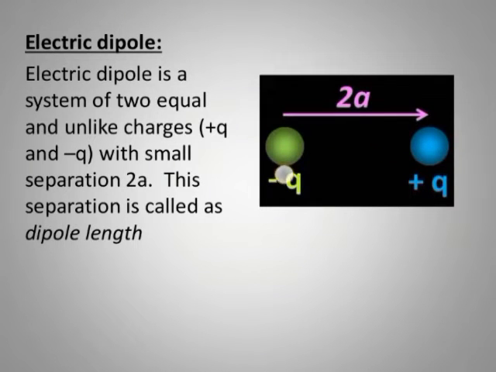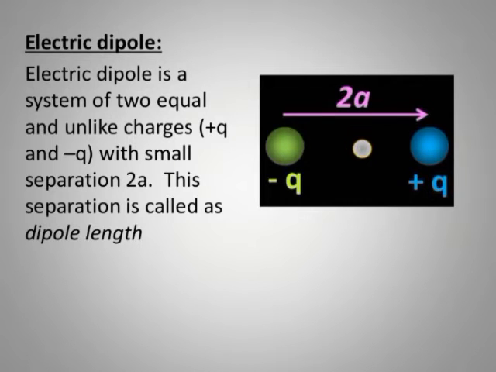Can you find any number next to this q? No, right? So 2q, 3q, nothing. You're just finding minus q, plus q, only 1q. The distance between these two is 2a. Why do I tell you it is 2a?